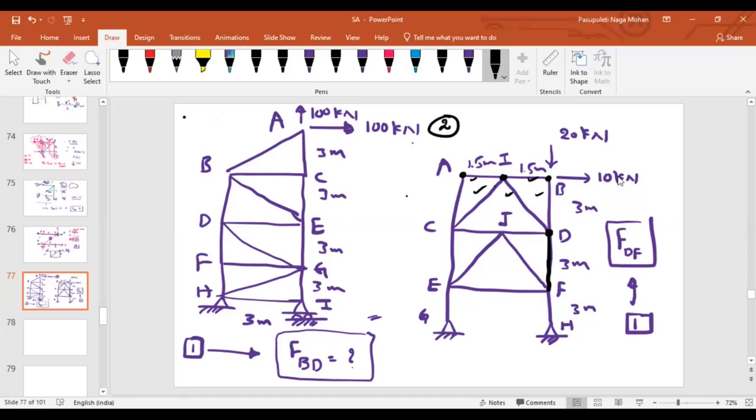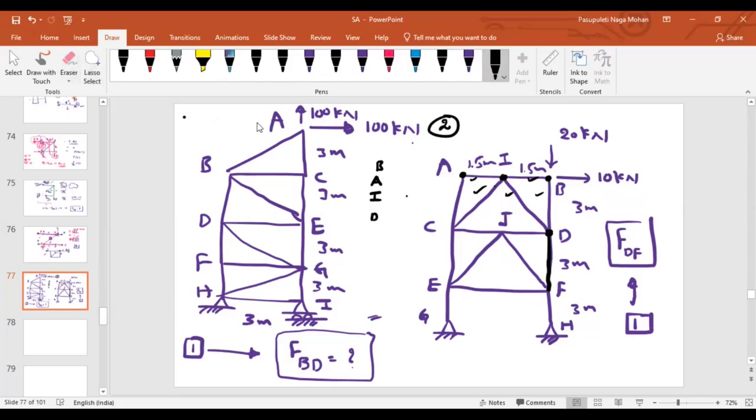So the shortest way to solve this by using method of joints is first taking the free-body diagram at joint B and then at A and then at I, and then we have to jump to D. I think B, A, I and then D. I think it is a lengthy process. Why? Because it will take around 10 minutes, I think, if we don't want to commit any mistake. So method of joints is not an option.